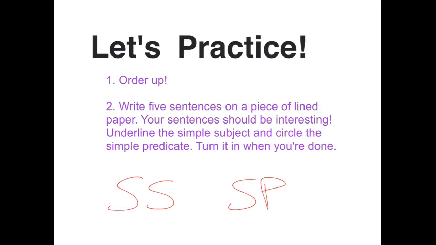That's an interesting sentence, okay? We want you to underline the simple subject, and circle the simple predicate. Turn it in when you're done. It should be in the language arts bin. And then you can practice with a friend, or we probably will be running out of time. Okay? Hope you enjoyed the movie.